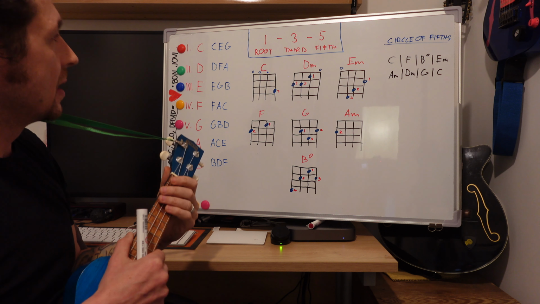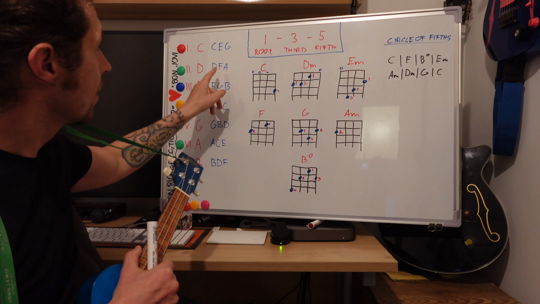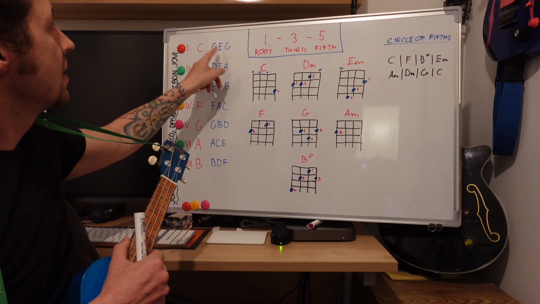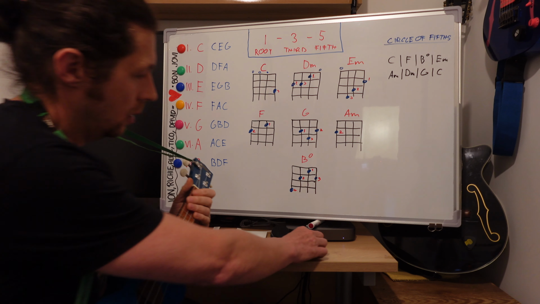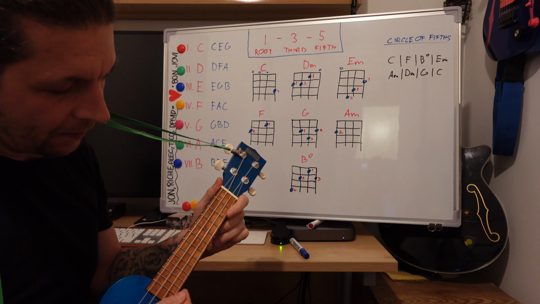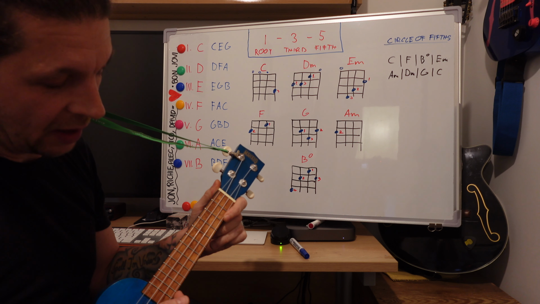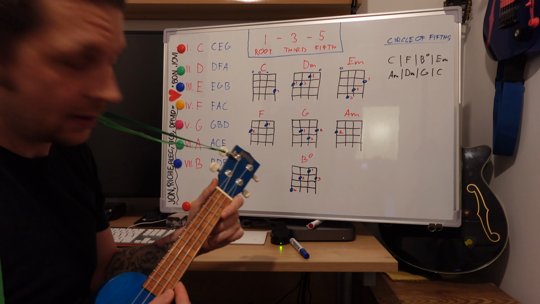Alright, so let's go with C. The notes of the C major chord are C, E and G. I have a C string here, so that's a C note. I have an E and I have a G string, so I'm just playing the open strings.